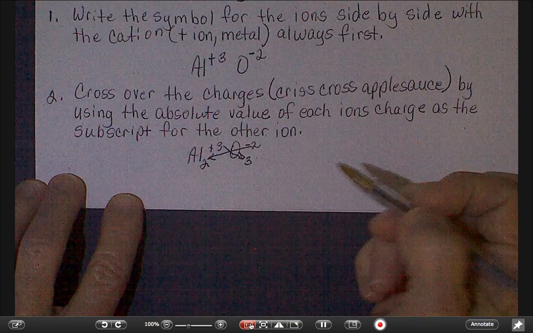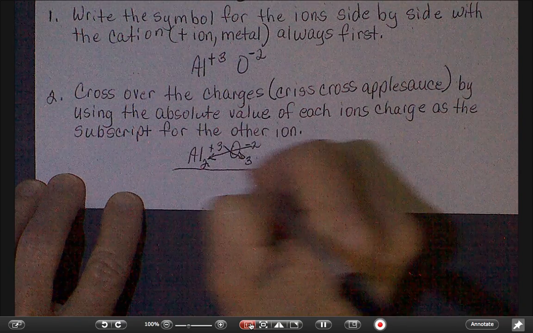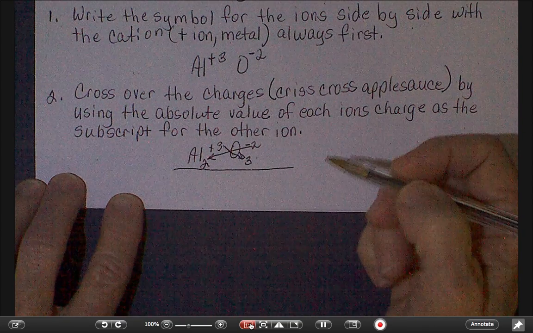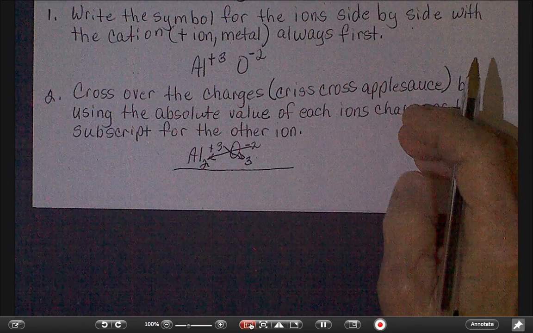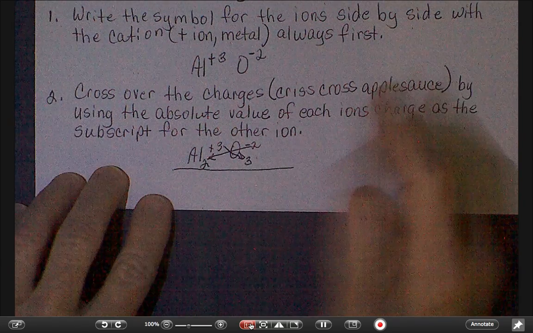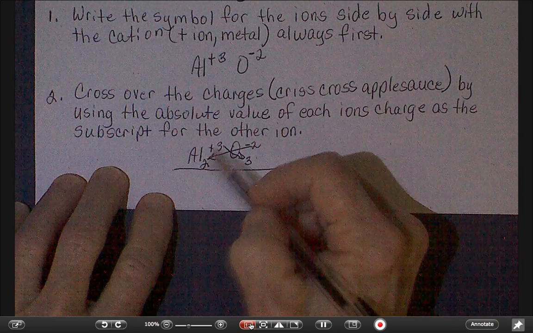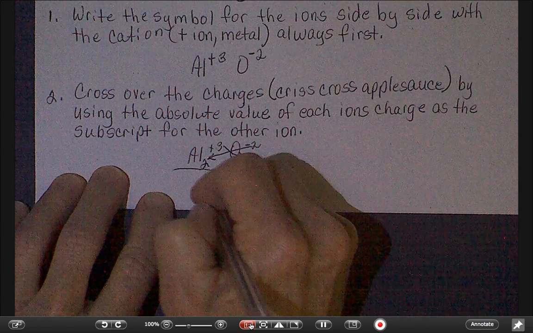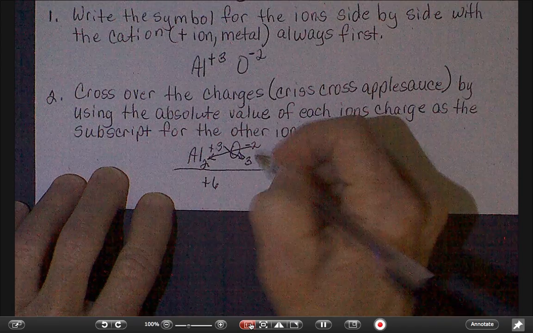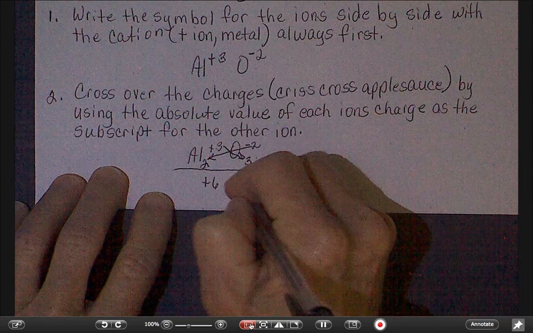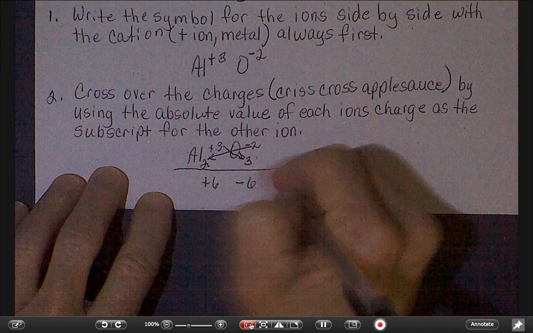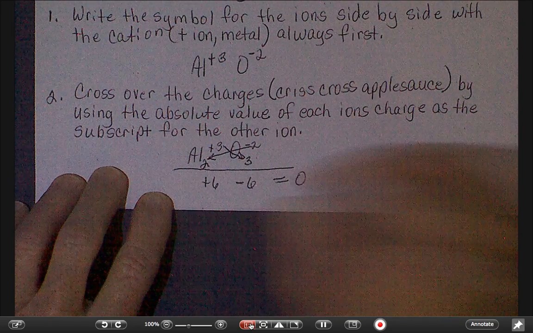Okay. Now then, to prove that this correctly written formula has no charge, we're going to do a little math. 2 times a plus 3 is what? 3 times a negative 2 is what? What does that equal? 0.